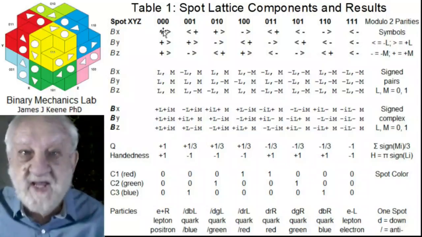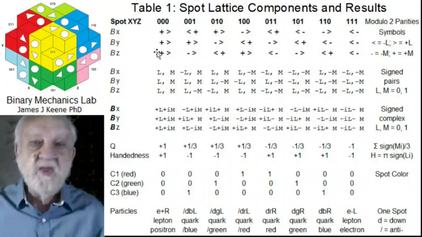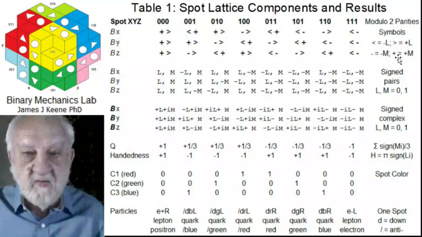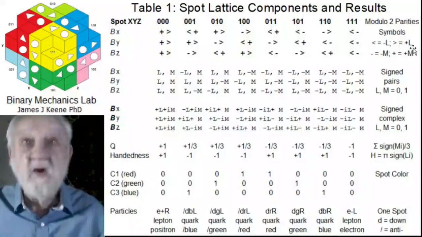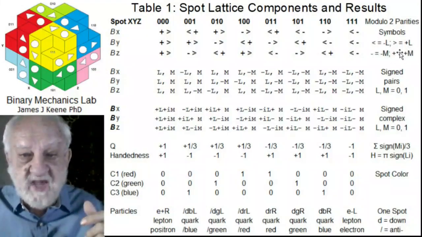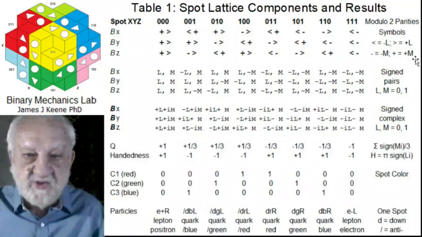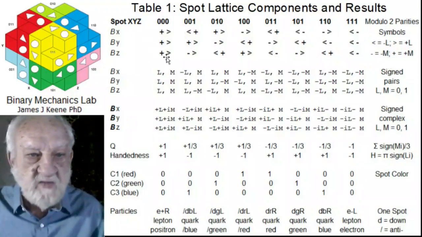We can represent the M and L bits here with symbols where we have the arrow pointing to the left or to the right for minus and plus L from our sine functions, and the same way with the M bit being plus or minus with the plus and minus symbols to symbolically represent the spot units.